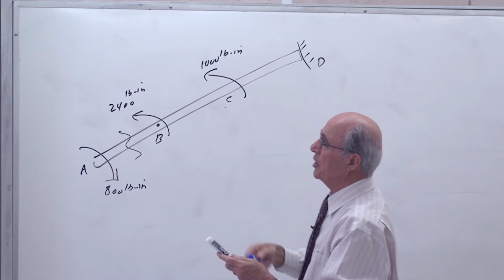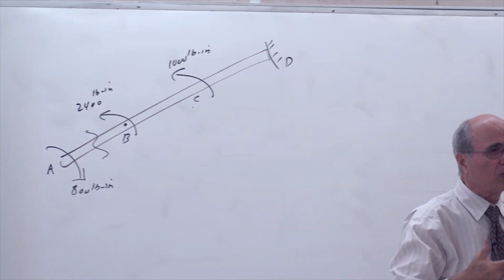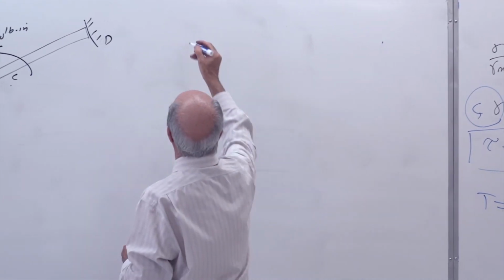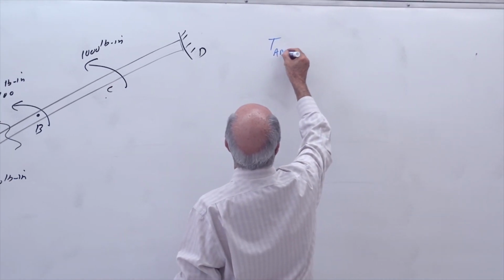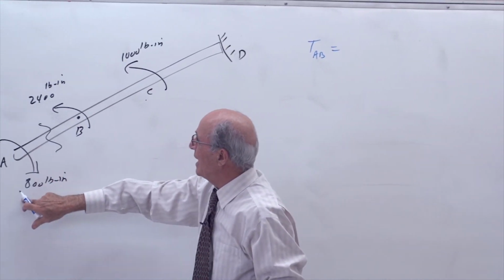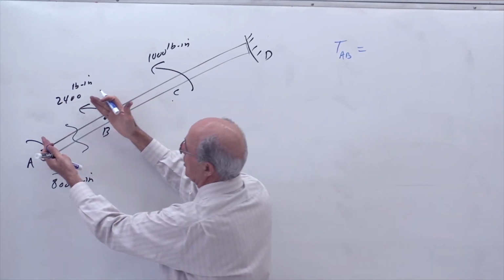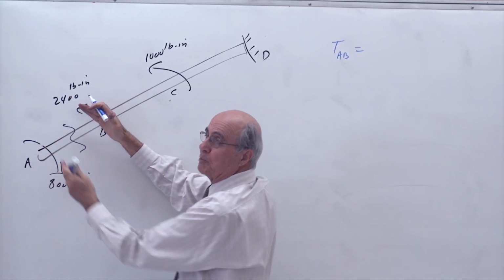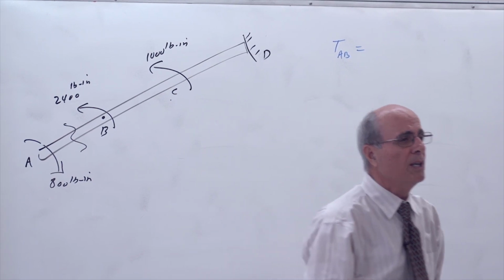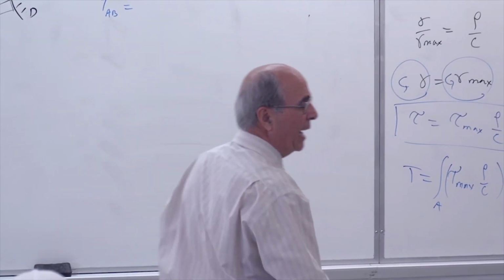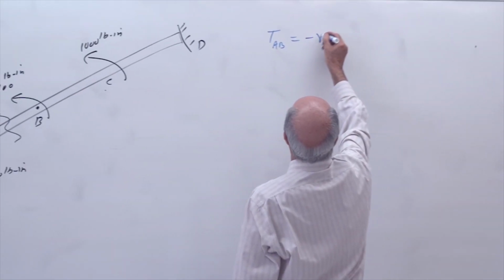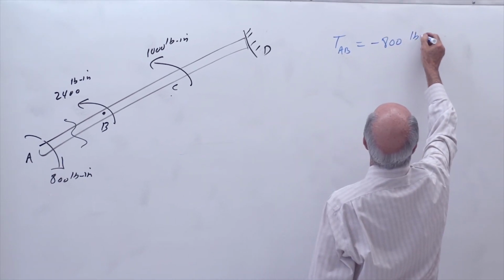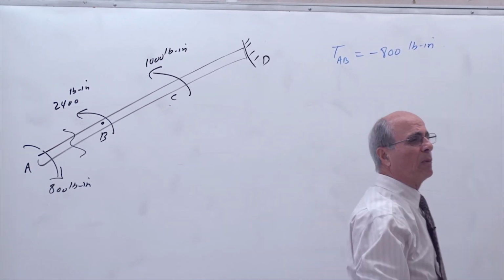The color means stress, not actual. So I put it here, the TAB. TAB is not T at A or T at B. TAB is here. Everybody understand that? It is equal to 800. Let's assign a sign to it, as if it's going clockwise. Yes or no?